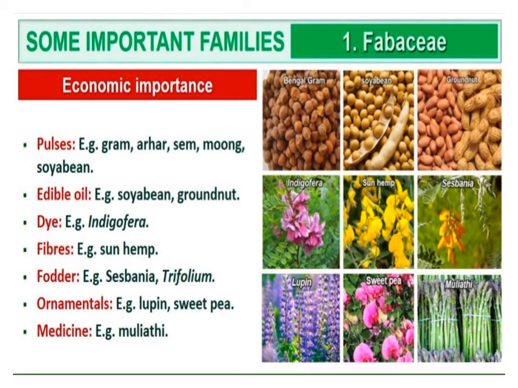Edible oil, for example soybean, groundnut. Dye, Indigofera. Fibre, for example sun hemp. Fodder, for example Sesbania, Trifolium. Ornamental plants of this family are lupin and sweet pea, and the medicinal plant is mulethi.